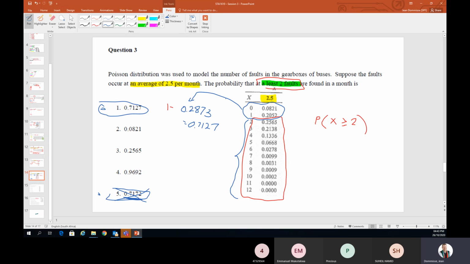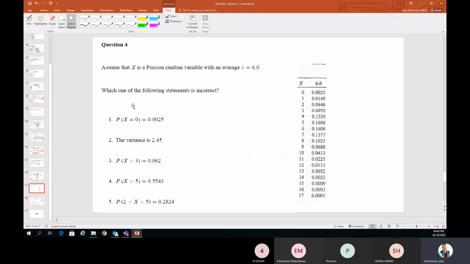Okay, so let's look at another question like that, and let's see how they talk about it in one of the other questions as well. So let's look at the next question.